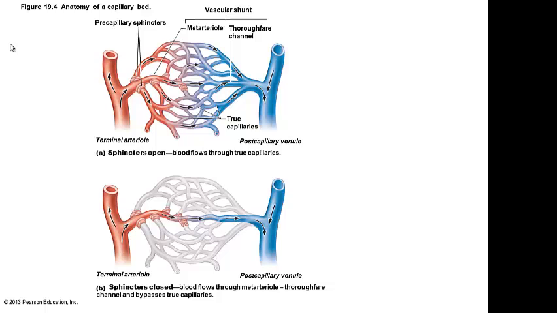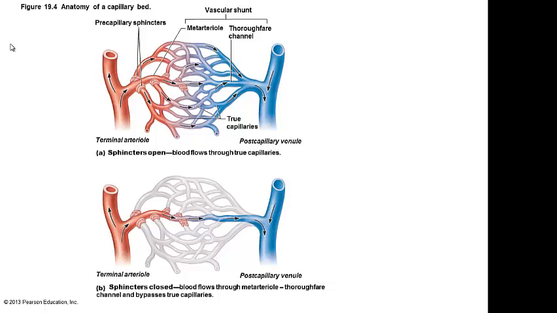And I have little sphincter muscles that are going to control flow through the capillary beds. So if I'm running to the bookstore to get my delicious cookies, I might not need everybody to stop everywhere. I got to move my blood quick and get it to where I need to go.